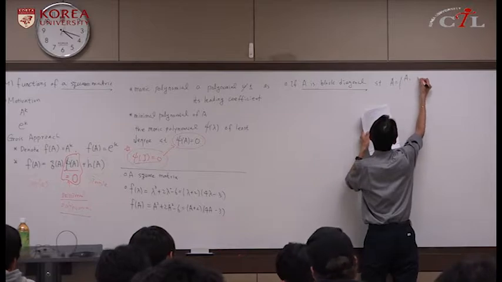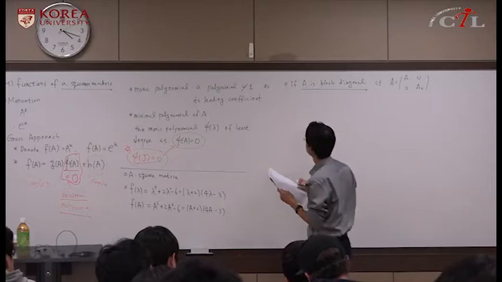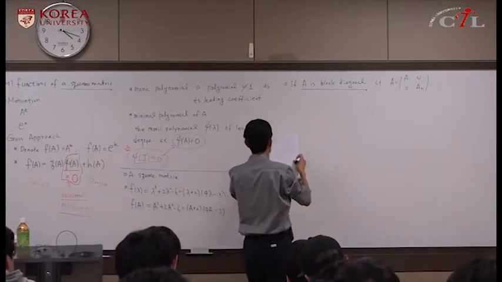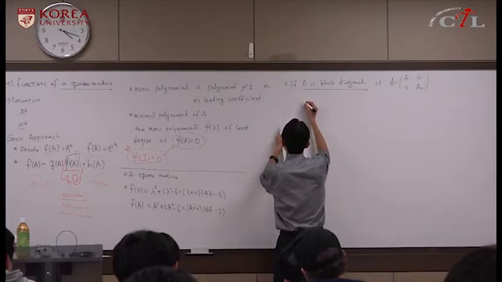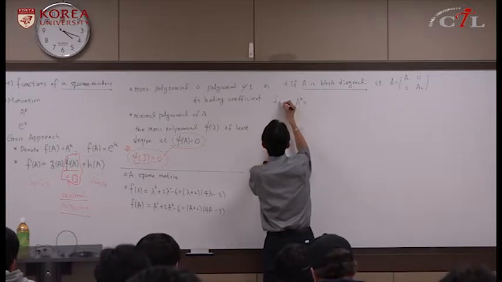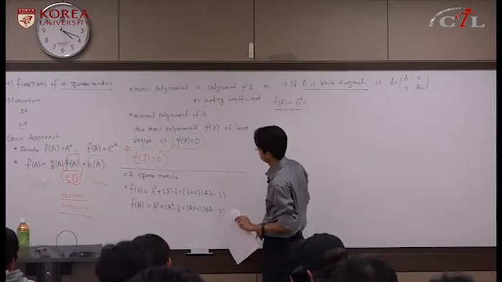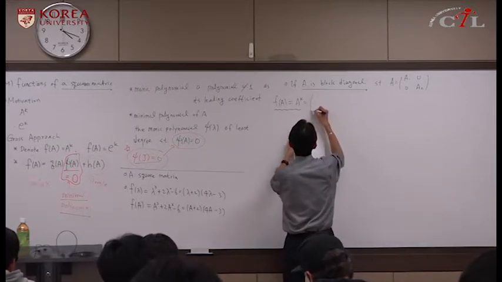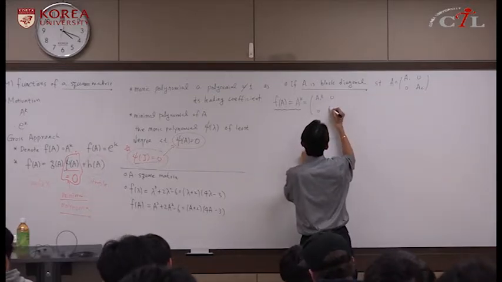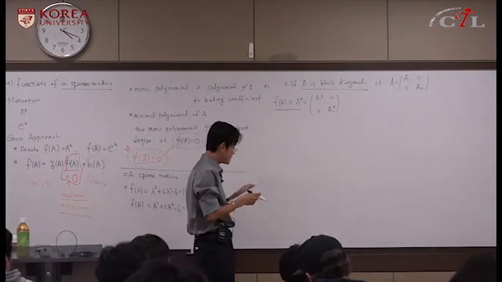Anyway, if A is block diagonal, such that A is A1, 0, 0, A2 in this way, then for a function of A^k form, the function could be anything. If the function is A^k form, then it's A1^k, A2^k. It's straightforward to prove because it's block diagonal.